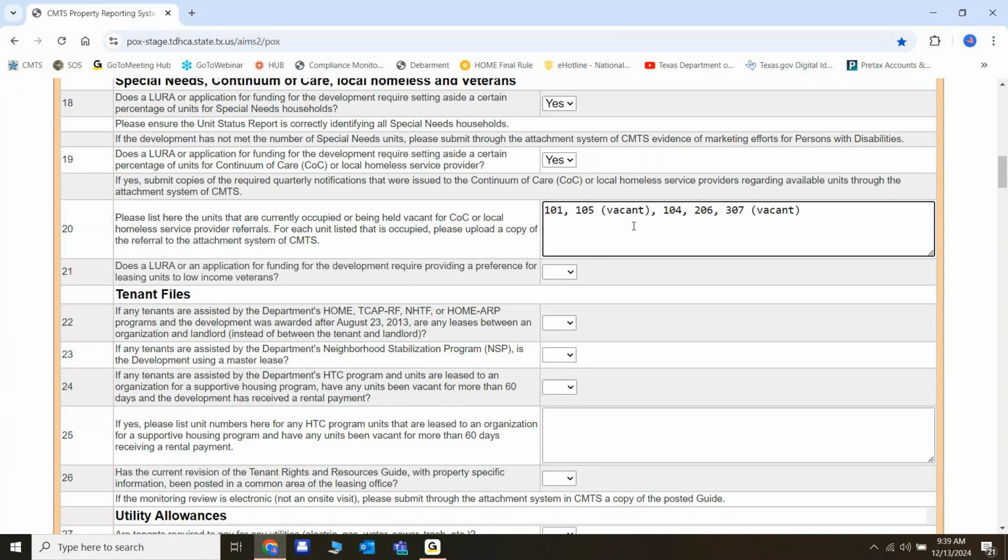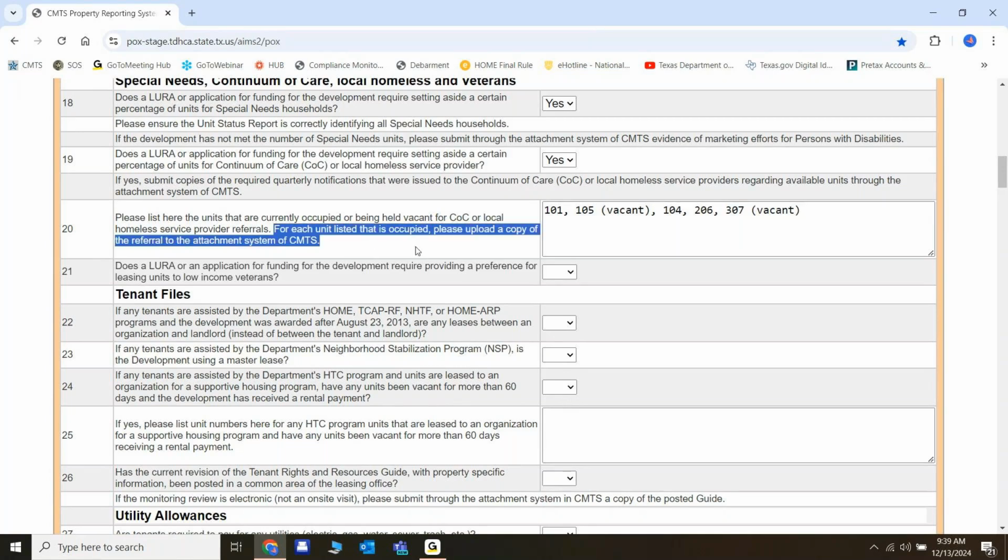Now, why do we need to know this? Because we're going to have to look and make sure that you have all the documentation and the referrals for those. You're going to also attach for those occupied ones those referrals, because that is a requirement. So we need to make sure that those referrals are in the file.